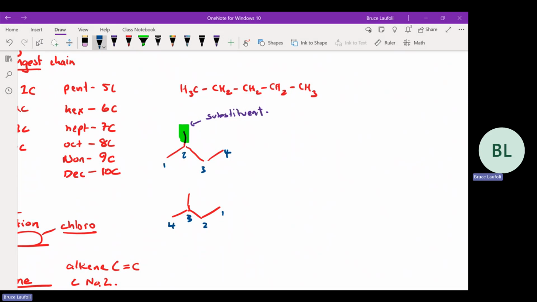Hopefully you can see that the top one, this one over here, is the correct one, because the substituent is on carbon number 2. In the other case, the substituent is on carbon number 3 if we assigned it from right to left. So we would pick the one with the lowest number. Doing it the second way over here is wrong.